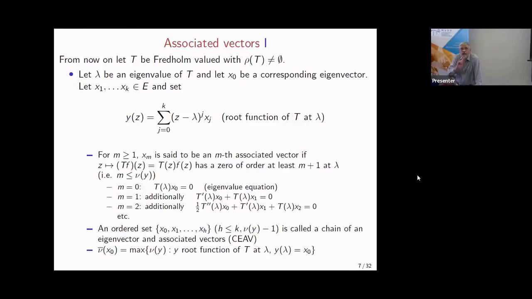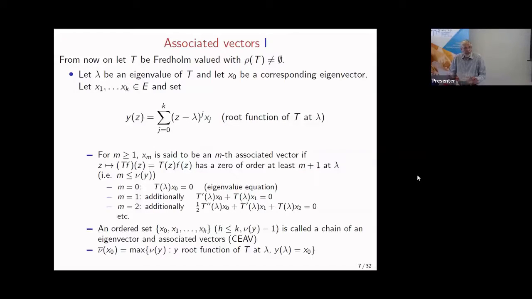And when we have m equals 0, then we just get the eigenvalue expansion if I include that. For m equals 1, then we have T dash of lambda x0 plus T of lambda x1 equals 0 as a condition for existence and determining associated functions, and so on.